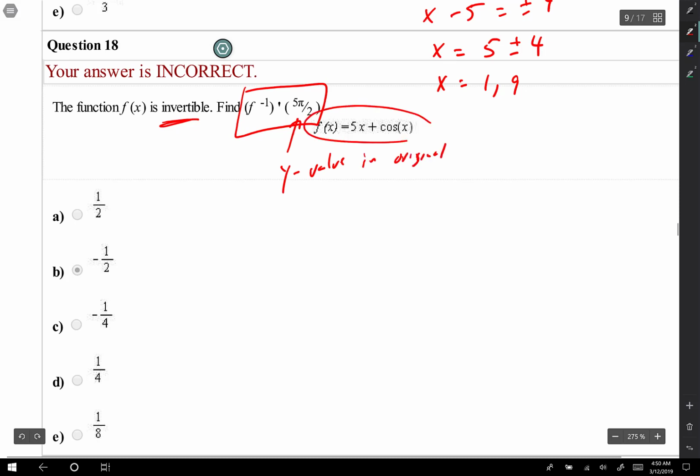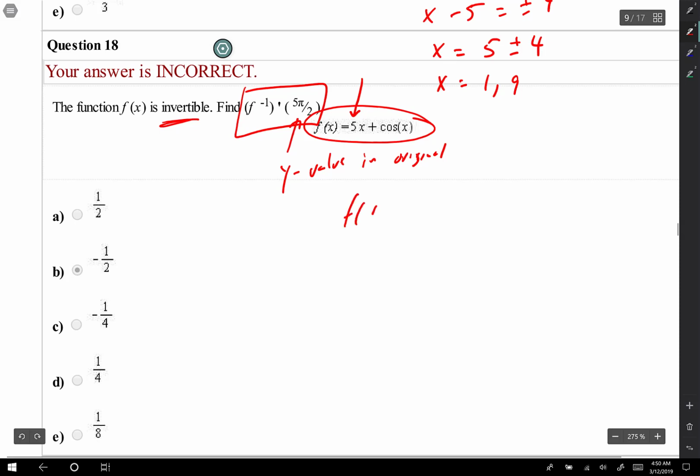So I'm looking at this and I'm saying, okay, what x value can I put in there that I will get a 5 pi over 2 as a y value? And I see a 5 there, so it's obvious to me that it has to be pi over 2, because 5 times pi over 2 is 5 pi over 2.